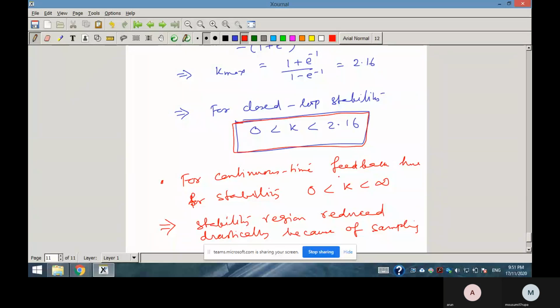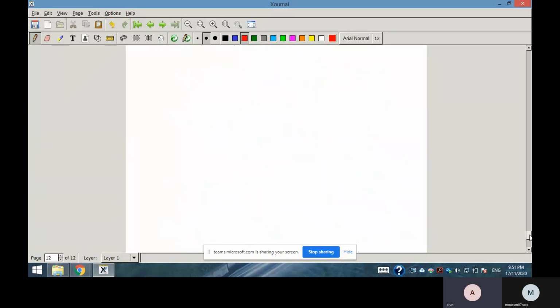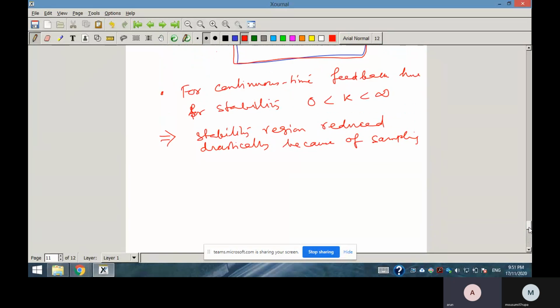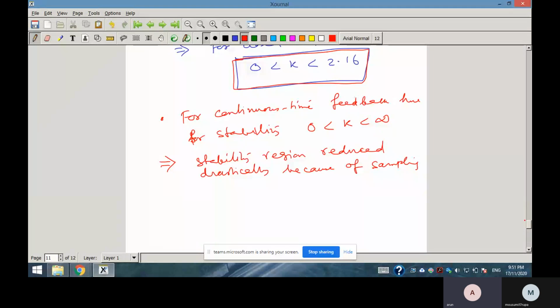Okay. Just one exercise I am giving here. I will also include one assignment, so those who are interested should solve the assignment problems also. Suppose G(s) is equal to 1 by s into s plus 1, C(z) equal to K, and T equal to 0.1 second.